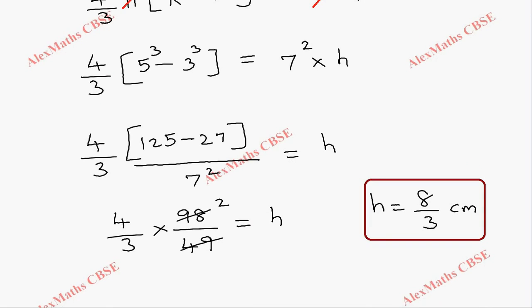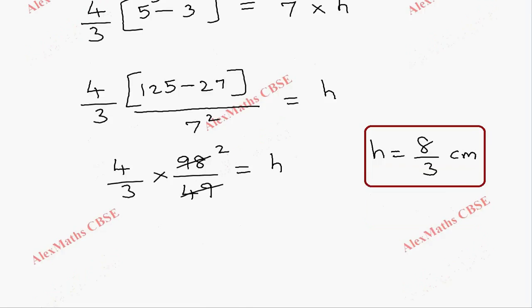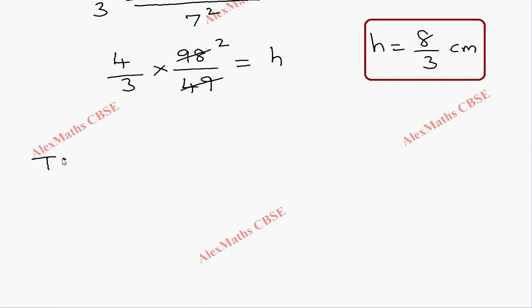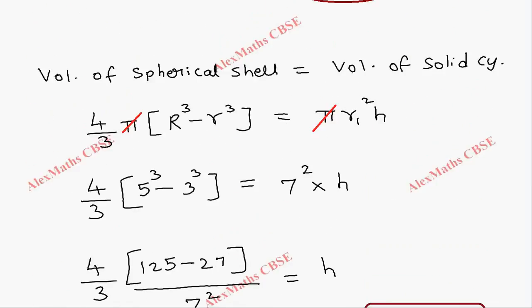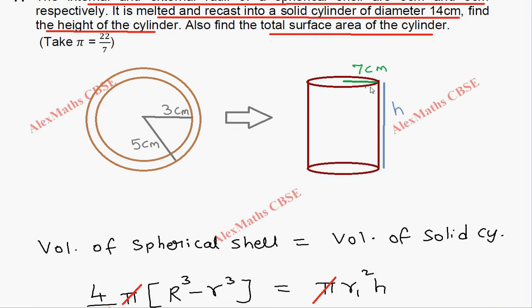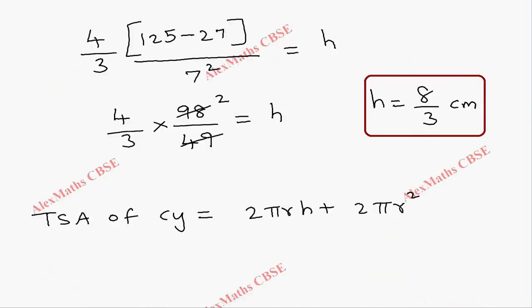Now the second part is they want the total surface area of the cylinder. The total surface area of a cylinder formula is 2 pi r h, that is the curved surface area, and the top and bottom area, 2 pi r square, those are circles. So top and bottom are circles, so 2 pi r square, plus the curved surface area.